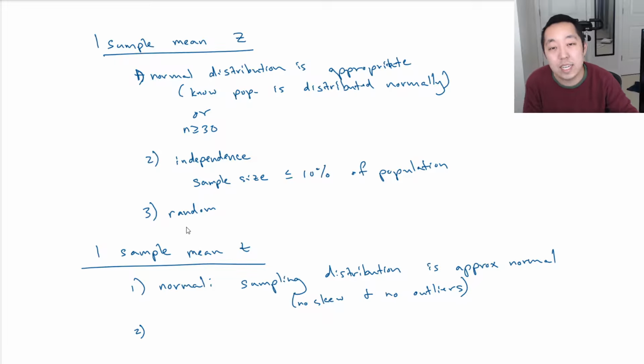The independence and the random conditions are exactly the same as the one sample mean for z. Sample size must be less than or equal to 10% of the population. Okay, so that takes care of the one sample mean scenario.